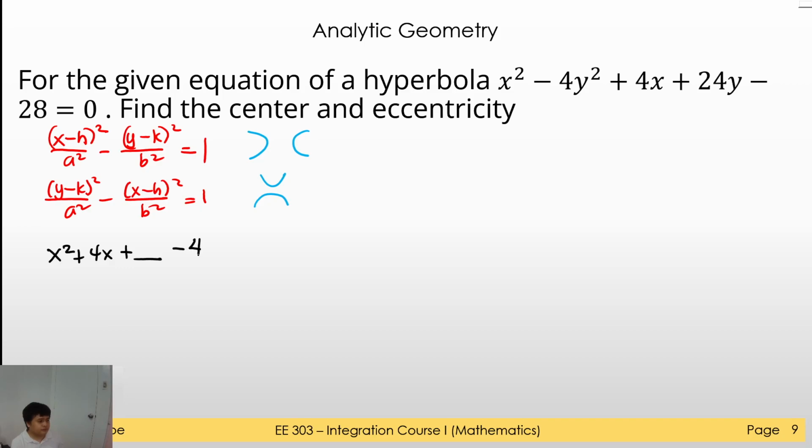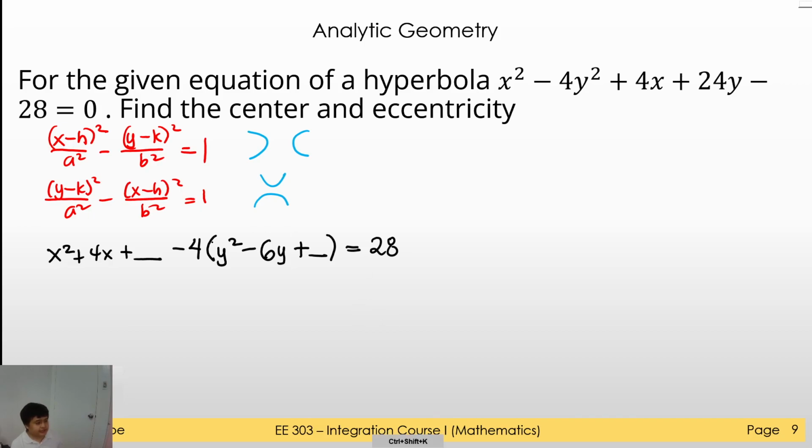Since this is positive, to make things positive this should be negative, so this will be divided by 4. So this will be negative 6y, and then plus blank, and then equals 28.